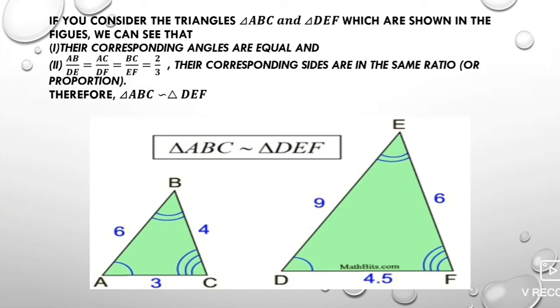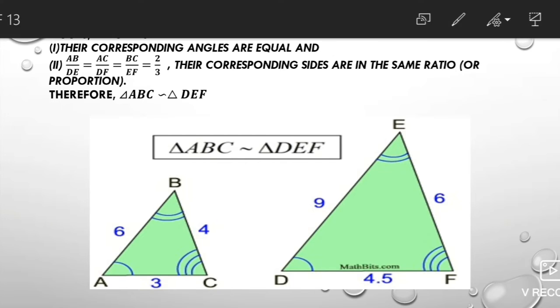As you can see, here are two triangles given. One is triangle ABC, another one is DEF.